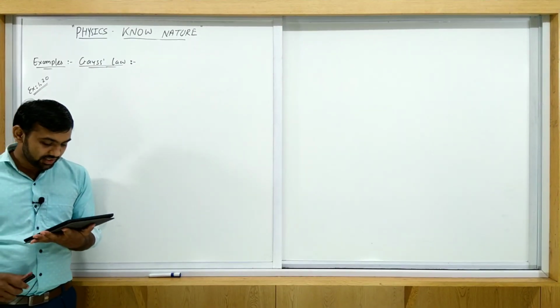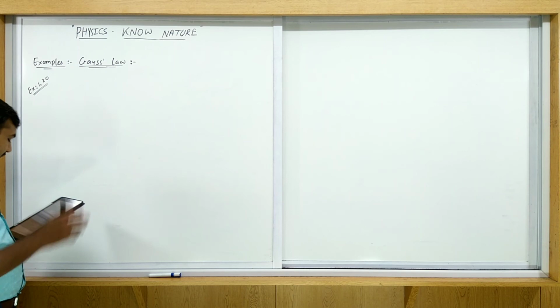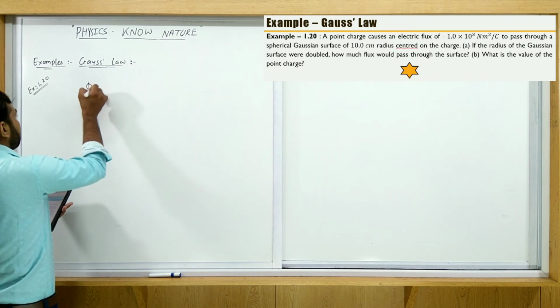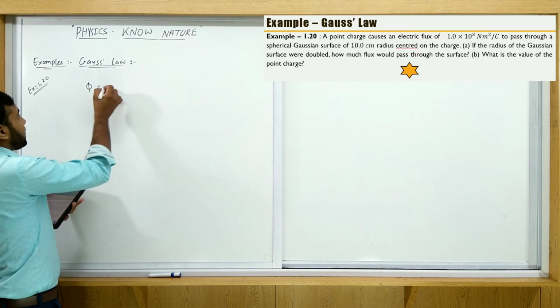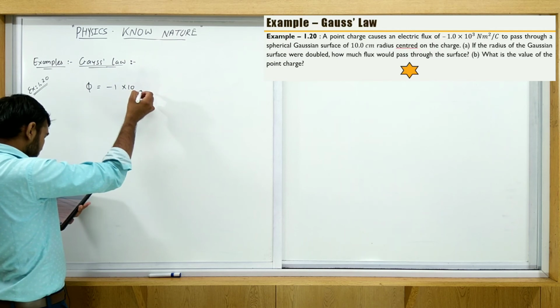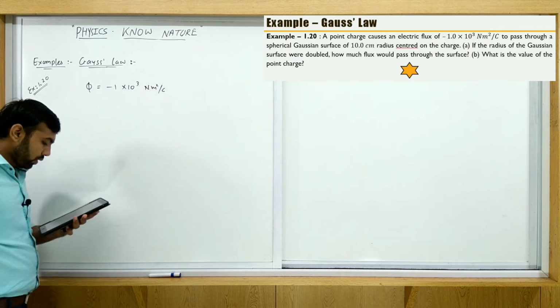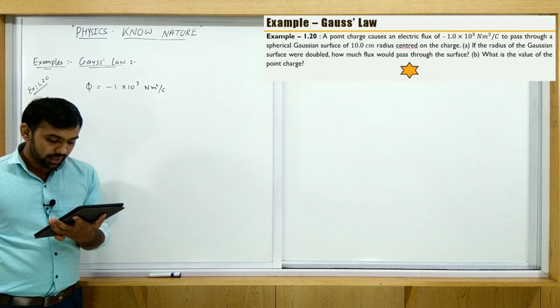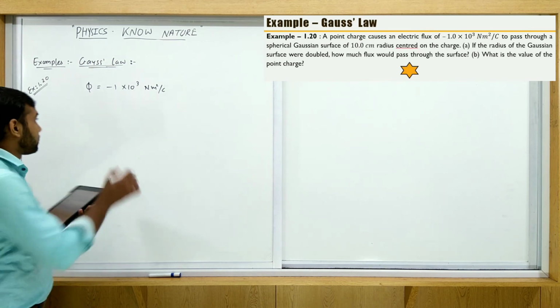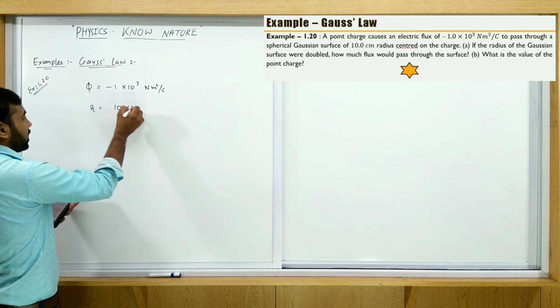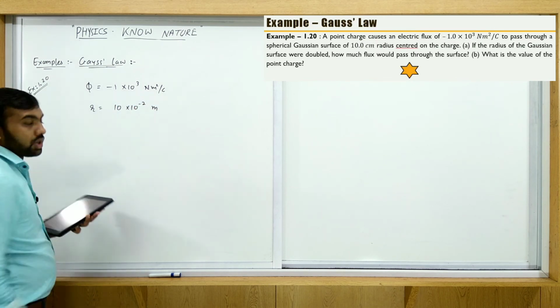Okay guys, let's see example number 1.20 from the exercise. A point charge causes the electric flux phi is equal to -1 into 10 raised to 3 Newton meter square per coulomb to pass through a spherical Gaussian surface of radius r is equal to 10 centimeter. Convert into meter, so 10 into 10 raised to -2 meter.